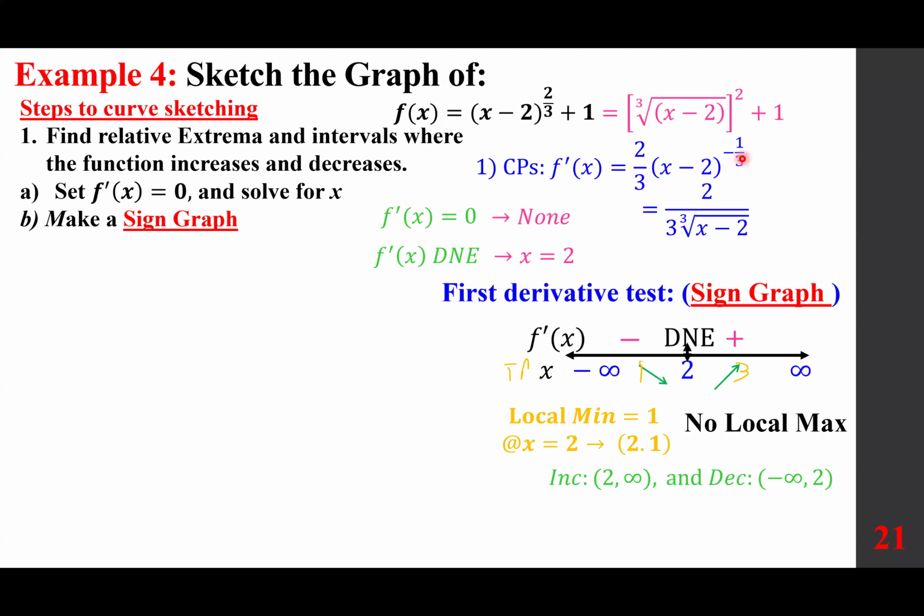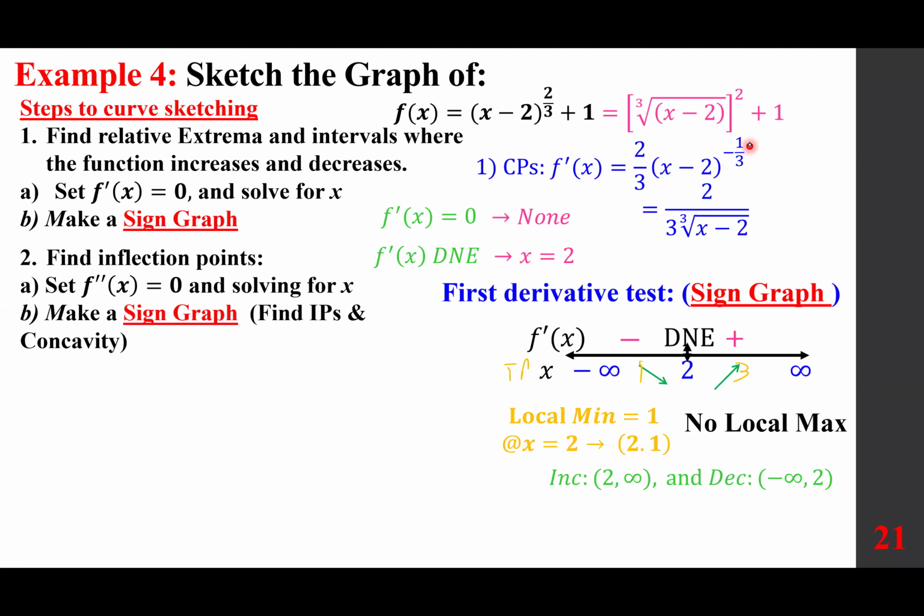So 2/3 times negative 1/3 gives us negative 2 over 9. And this one to the power of minus 4/3. And the derivative of the inside is 1. So one more time: 2/3 times negative 1/3 is negative 2 over 9. Same thing to the power of minus 1/3 minus 1 is minus 4/3. The derivative of the inside is 1.